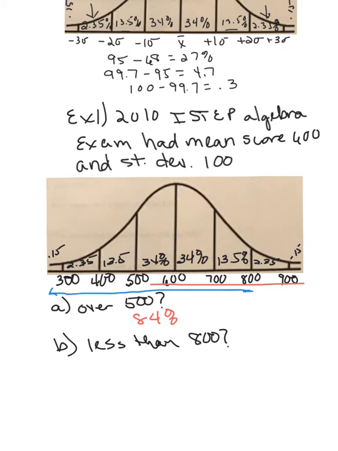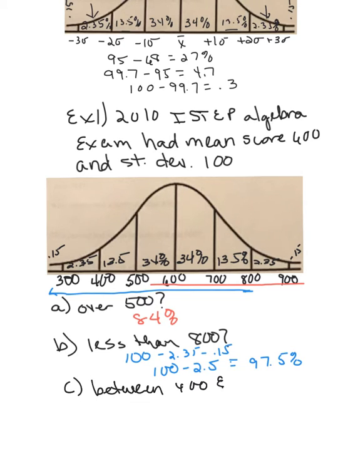So you can add up all of those sections, or you could look at the fact that there's only 2 sections that are not included and take 100%, which is the whole curve, minus the 2.35 minus the 0.15, which gives you 100 minus 2.5, which is 97.5%.